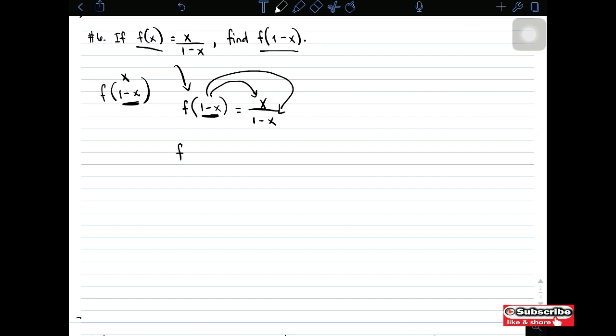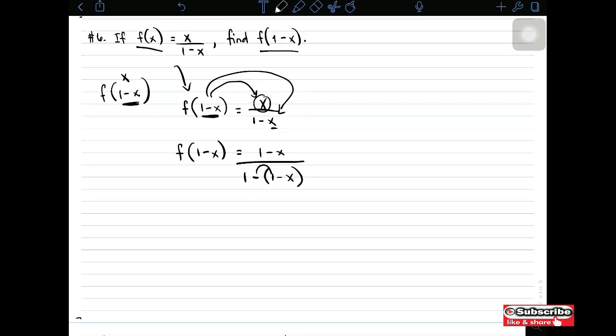We have f of 1 minus x is equal to yung x natin, palitan ng 1 minus x over 1 minus, you will use a grouping symbol kasi yung x natin ito, palitan natin ng 1 minus x. Dahan-dahanin lang natin for us to have a clear explanation for this one. Distribute natin yung sign. It will become 1 minus x over 1 minus 1 plus x.